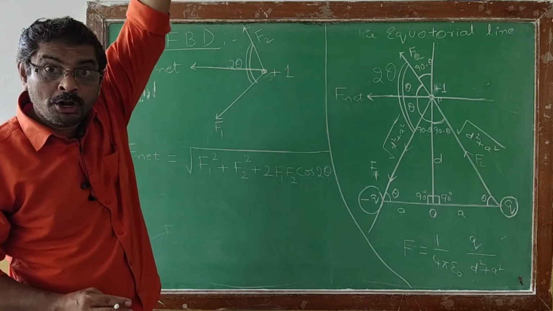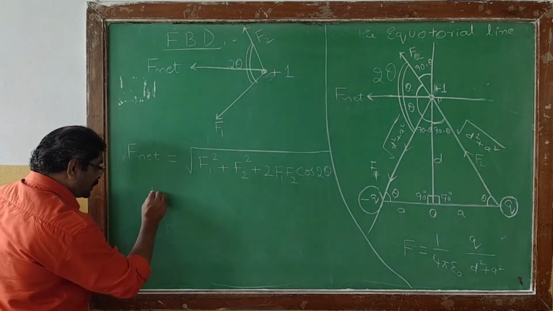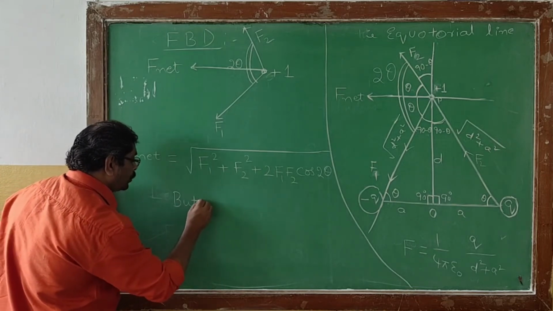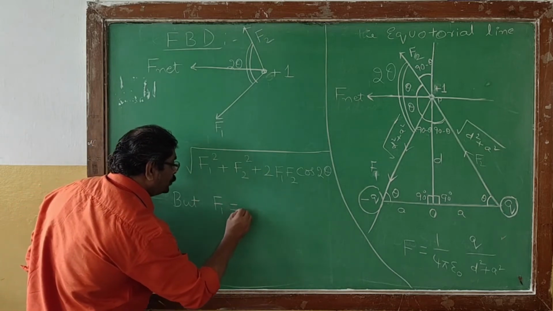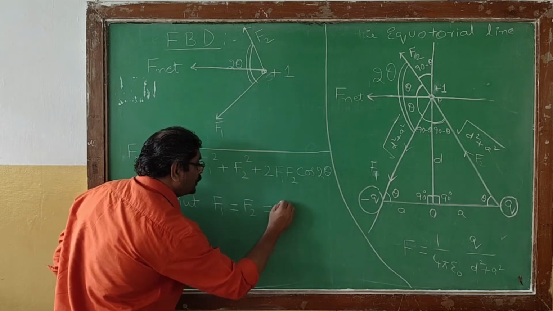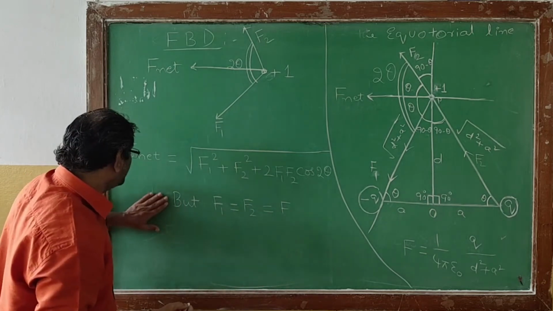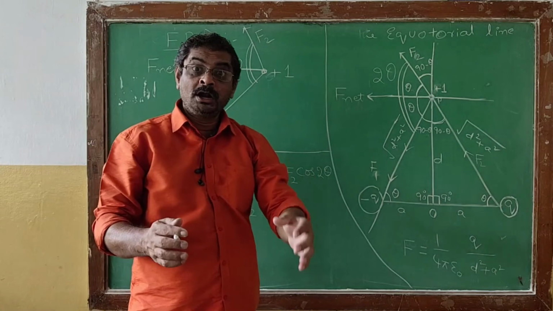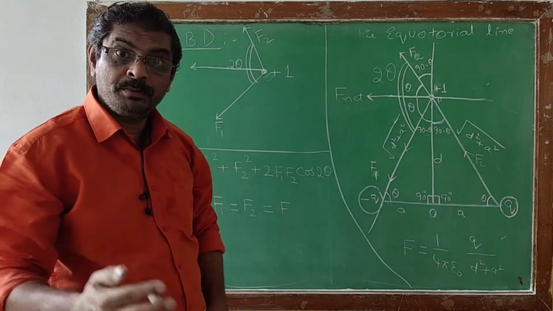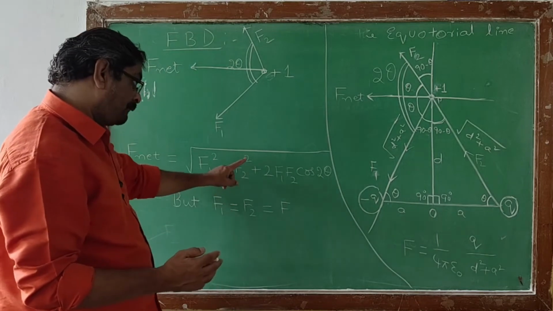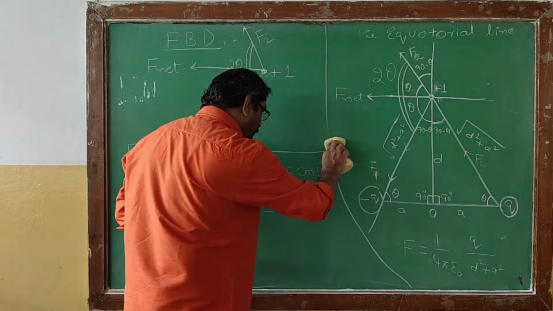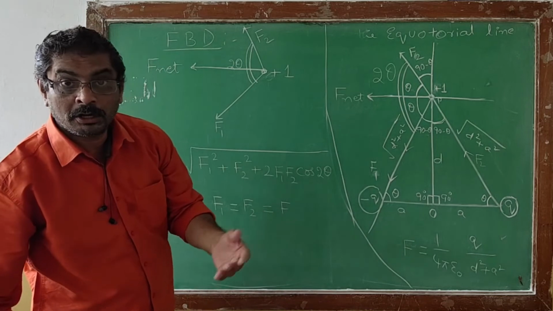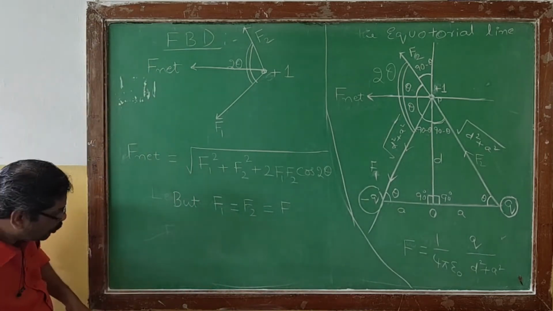But we already know one important thing: F1 will be numerically equal to F2, which will be equal to F. So the magnitude of F1 equals F2 equals F. Now I will substitute that in the above formula and let us see what we are going to get.